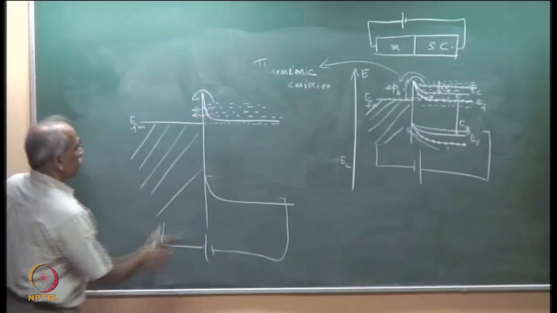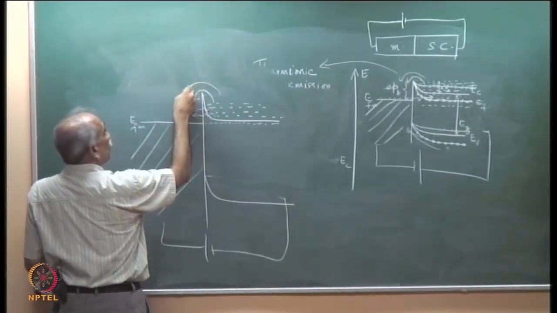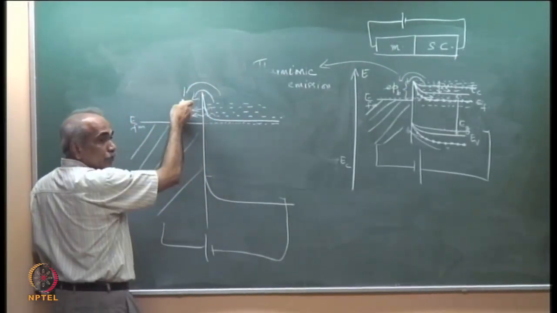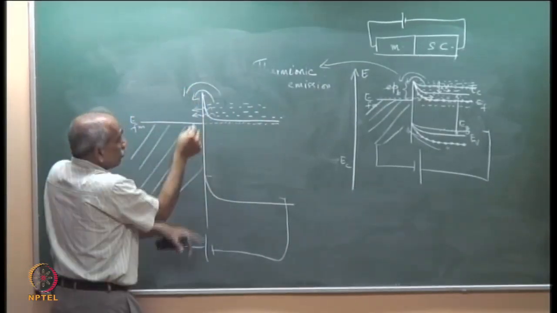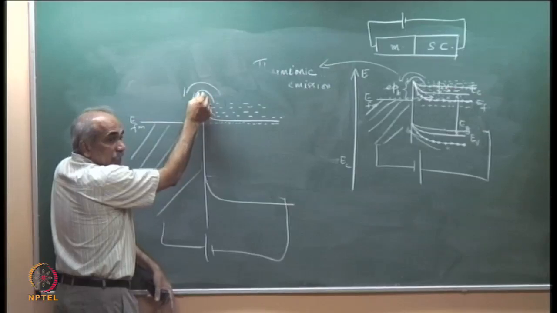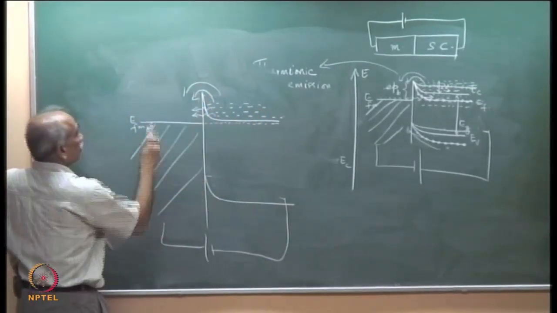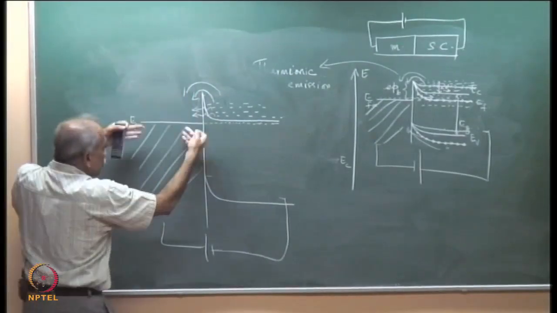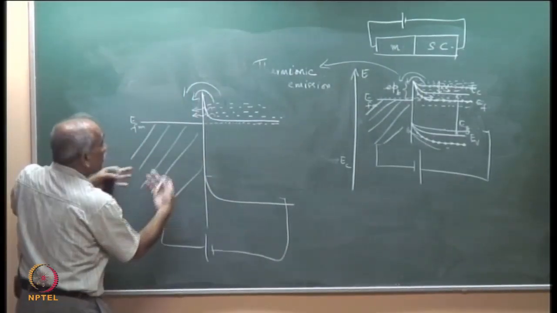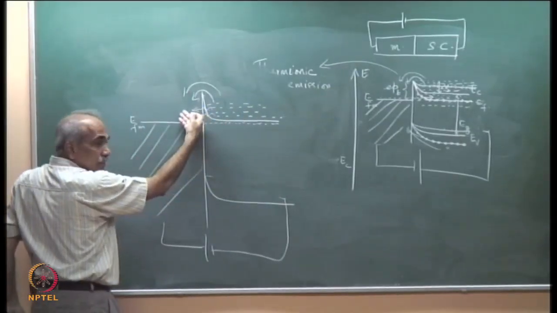If I forward bias, this will be raised and subsequently electrons can get poured into this side. It is like water, you are raising this, water is getting poured, but also because the barrier width is very small, tunneling can take place to this side. There are plenty of vacant states, these are all vacant states on this side. This is filled states, plenty of electrons. So, you can have electrons tunneling in this direction.